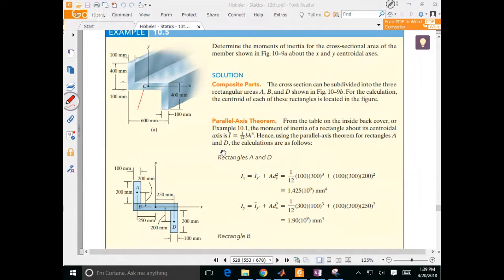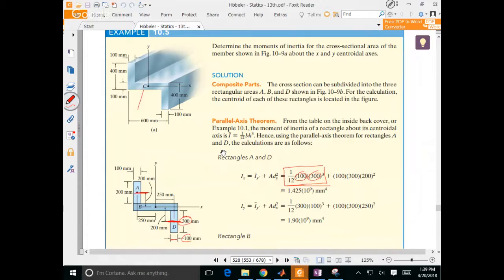So he takes 1/12 base times height cubed. This tells you the I X about that location and about this location. Then you need to use the parallel axis theorem.